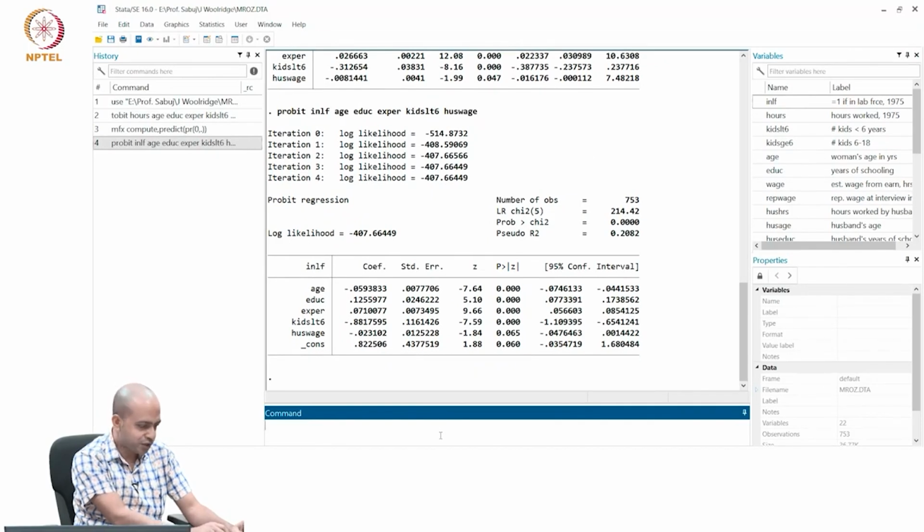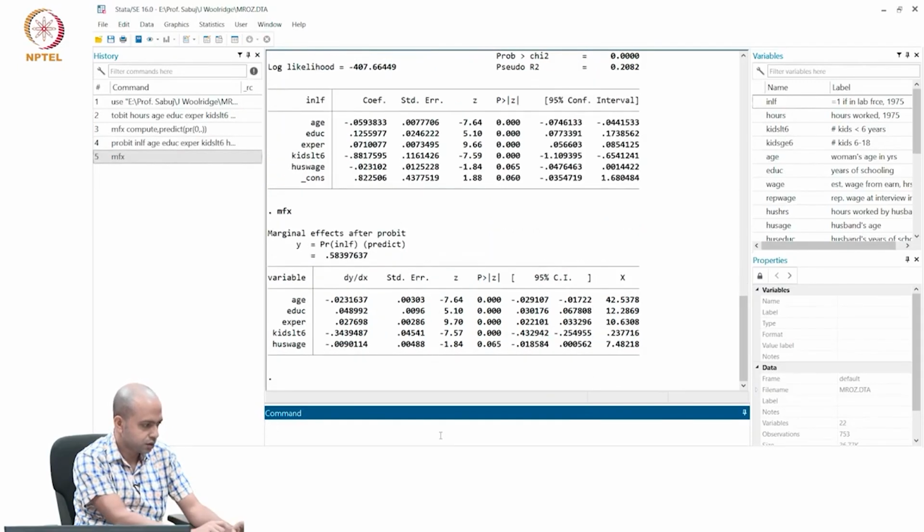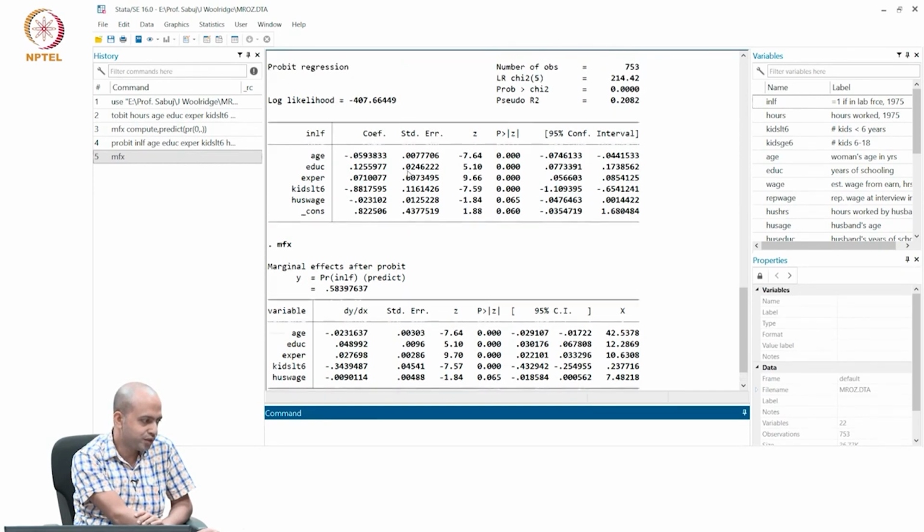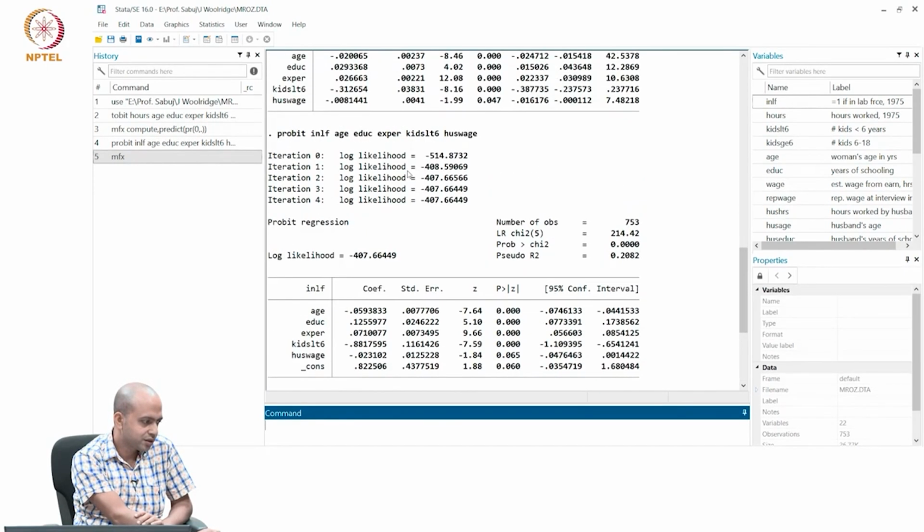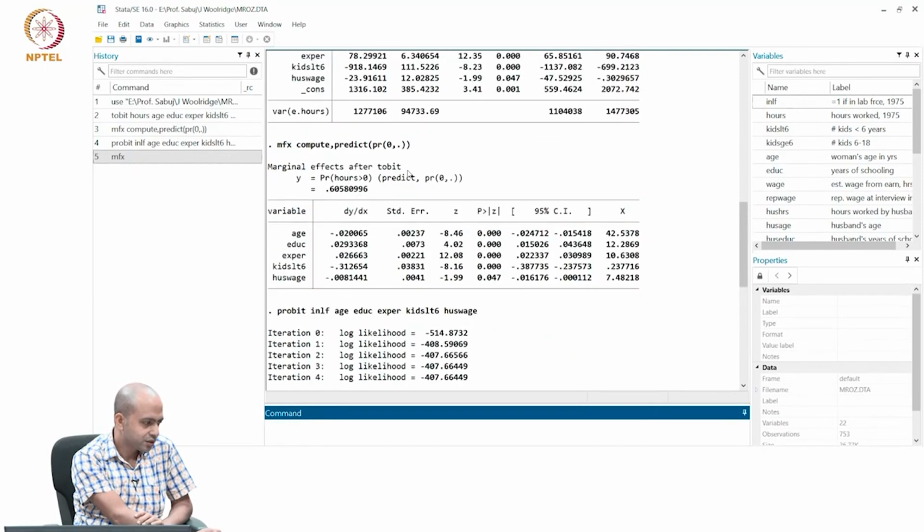And after estimating this, if you put MFX, look at the marginal effect of age. What is the marginal effect of age? Minus 0.02. And what is the marginal effect you got from Tobit? Minus 0.02.